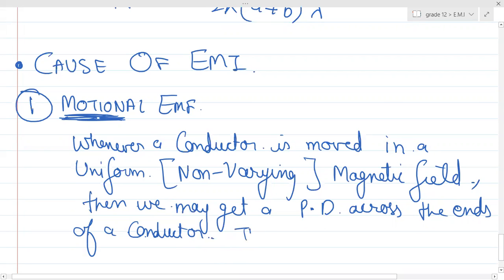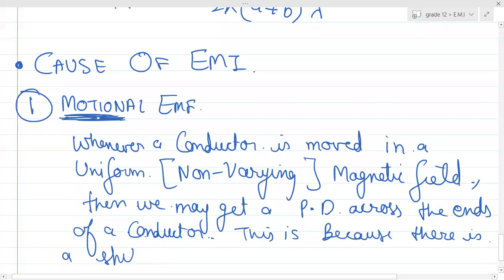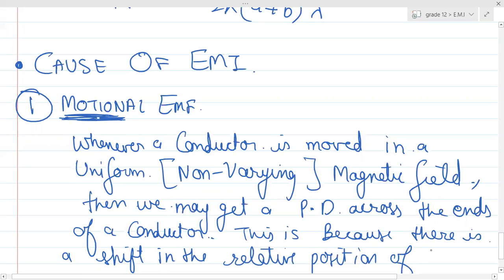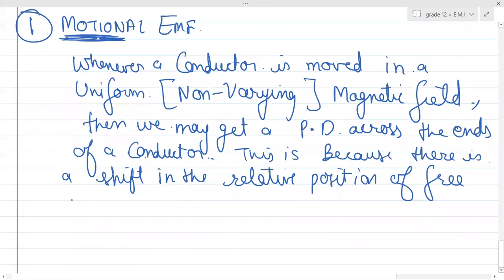Why is this? This is because there is a shift in the relative position of free charges inside the conductor.